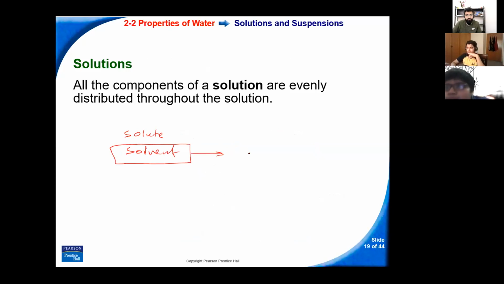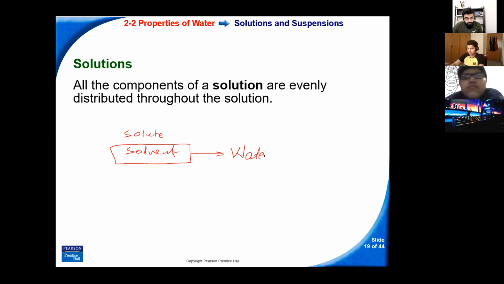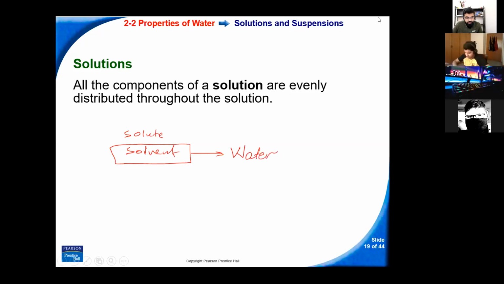What is the universal solvent? H2O. Water, excellent. Water is the most important solvent in living things, bodies, and living cells. H2O, as Tejan said, yes.